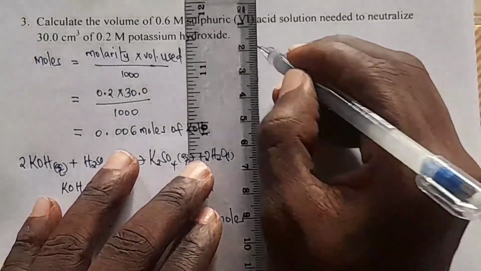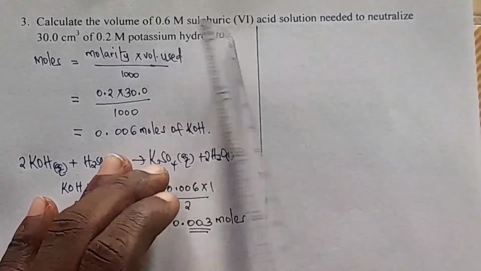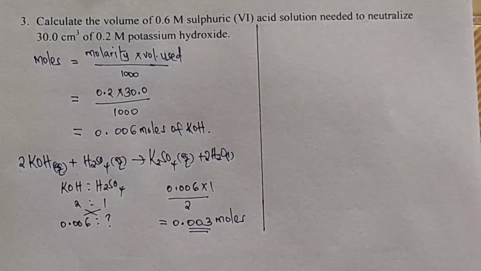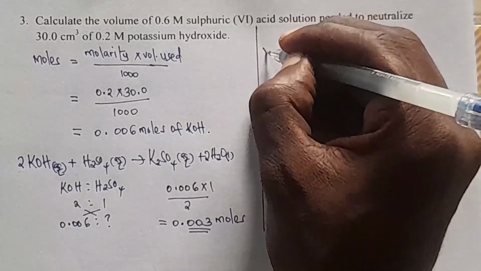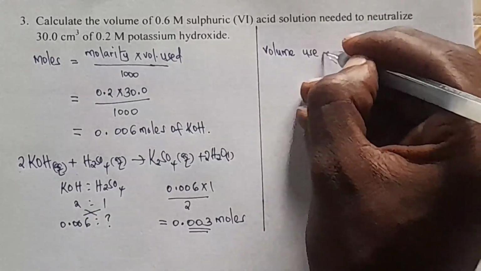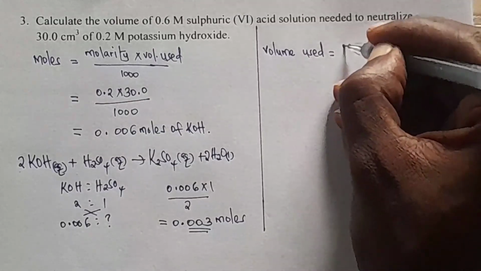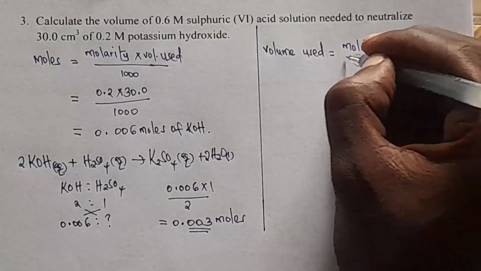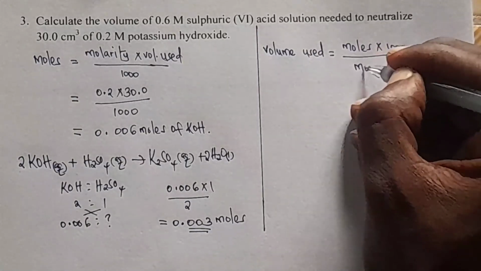If we have the number of moles of sulfuric acid and we have the molarity of sulfuric acid to be 0.6, that means we can get the volume used. Volume used will be equal to moles times 1000 over molarity.